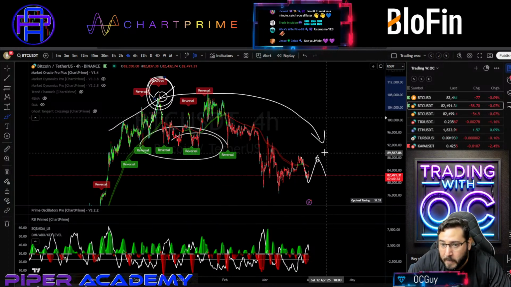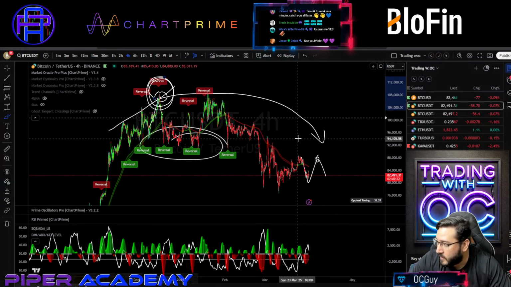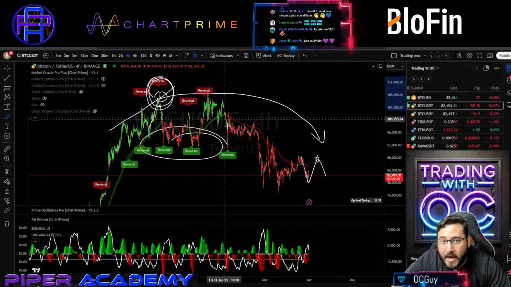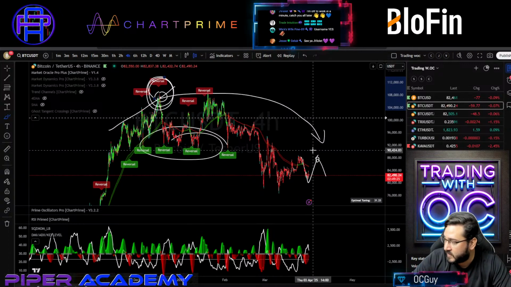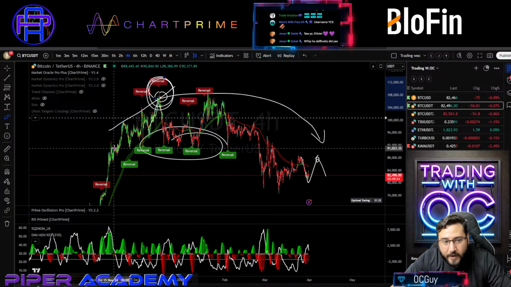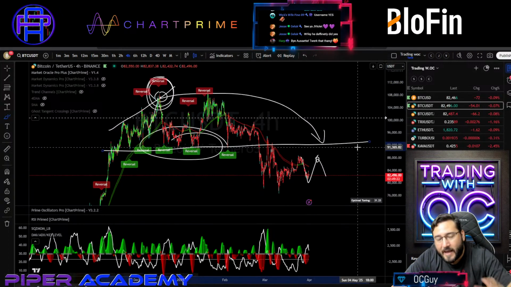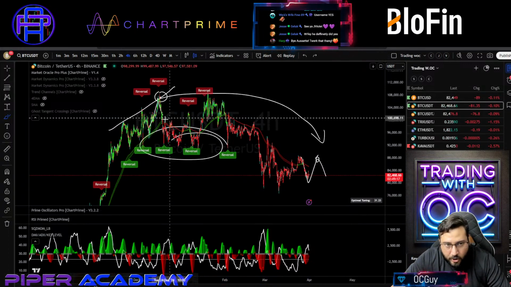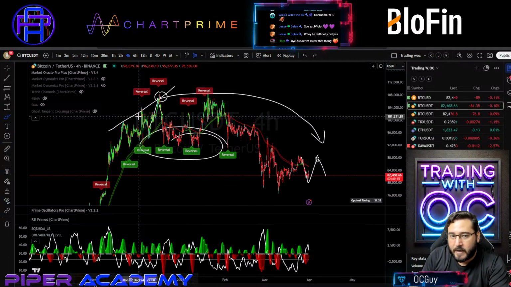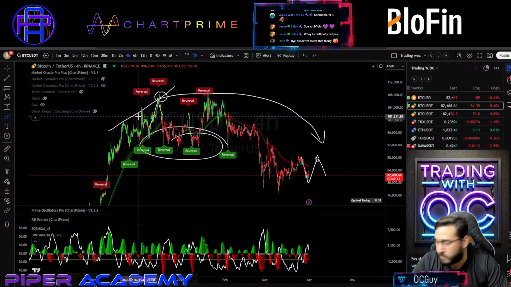When the next setup happens, it's going to inform you, hey, look at that, this is a reversal setup, so I'm going to be giving you a reversal. Do you see that? So it's not just telling you, hey, this happened in the past and most likely it was going to happen in the future. No, it's telling you, hey, I learned this, and next time that happens, I'm going to show it to you, right?